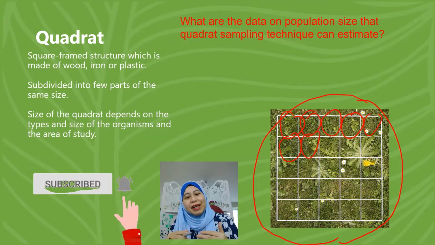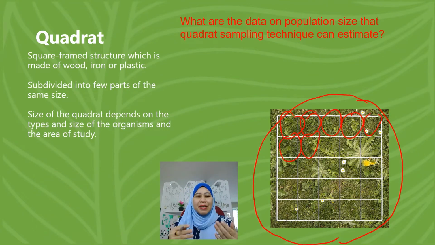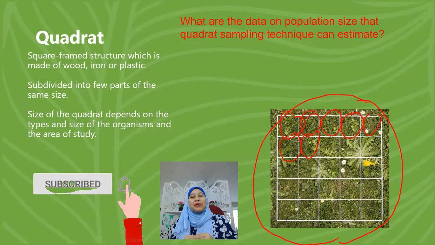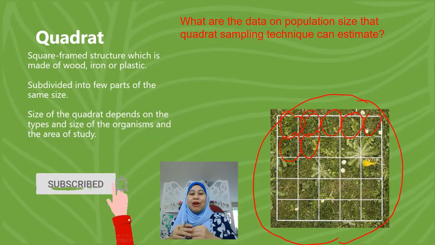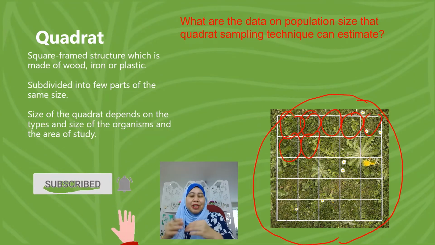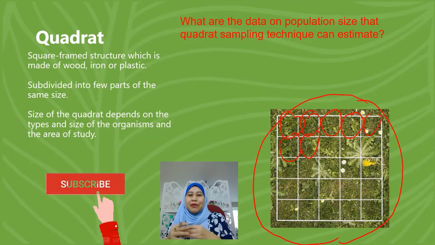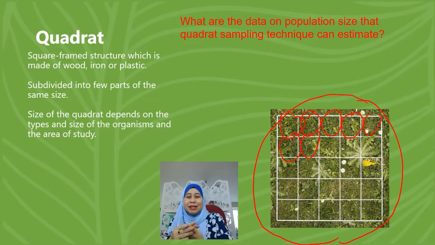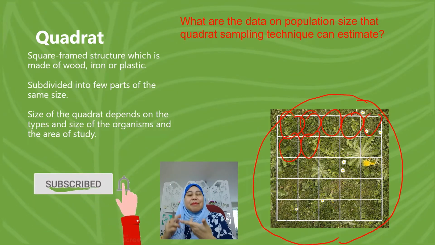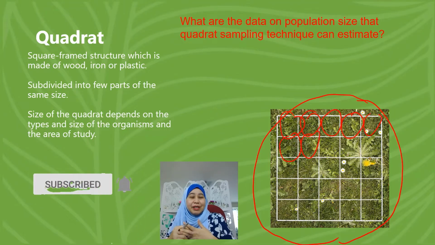The size of the quadrat depends on the types and also size of the organism and the area of the study. The bigger the area, you need more quadrats and bigger size of quadrat.